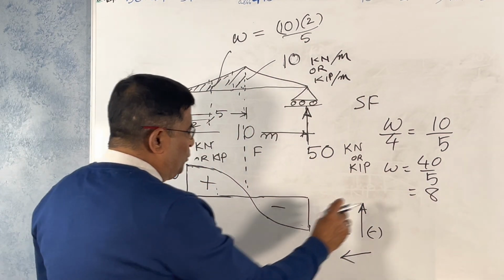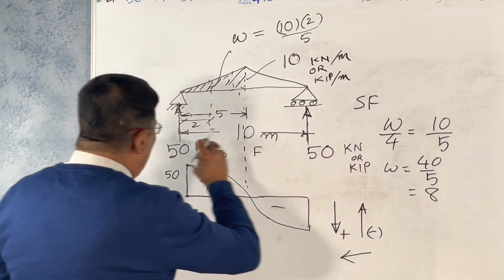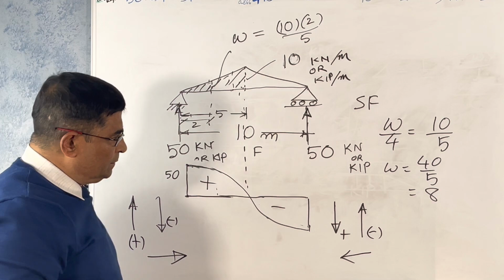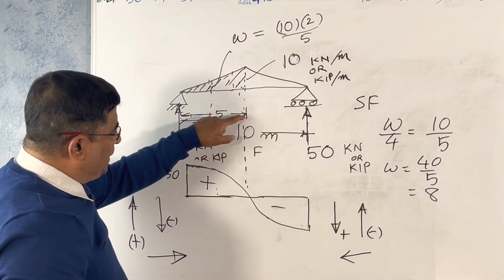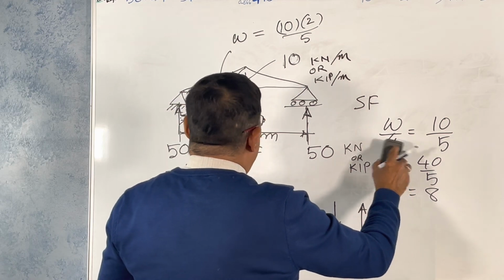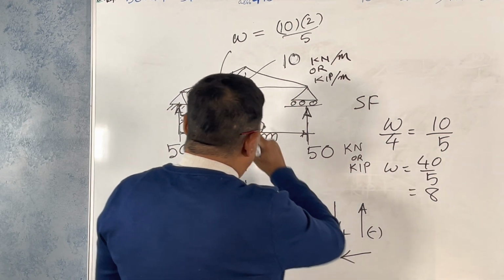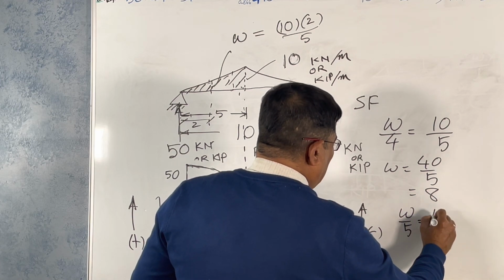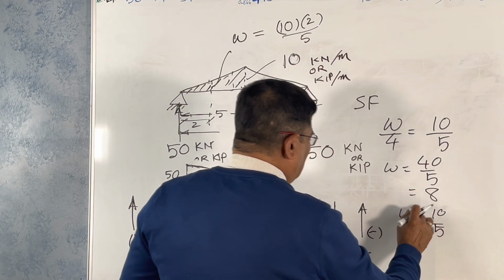See, so you are subtracting 8 from 50, right? At this point it will be W by 5, 10 over 5, so W is 10.